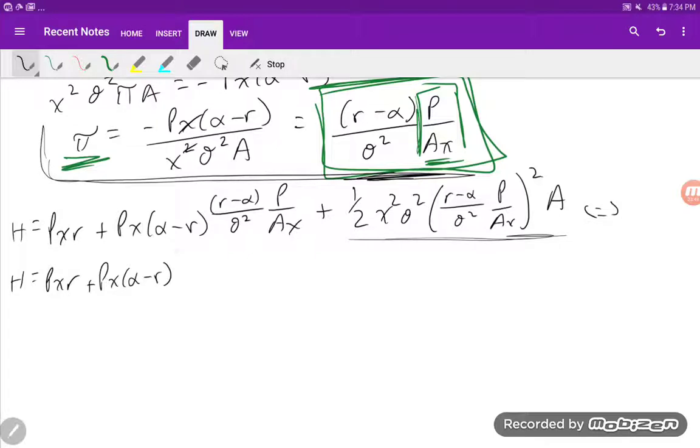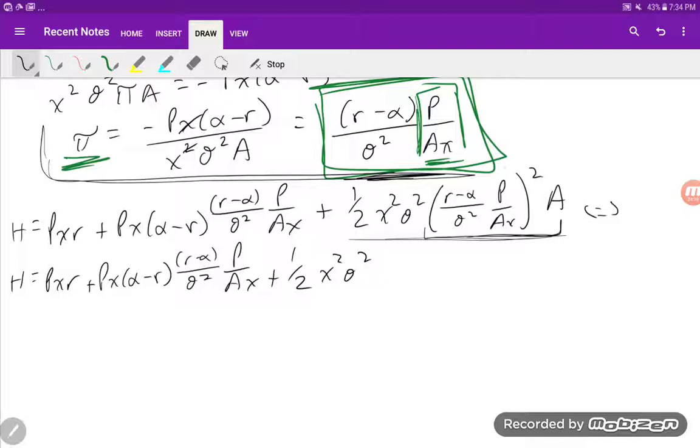Minus r minus a over sigma squared p over ax plus 1/2. So we'll have x squared sigma squared still. So let's work on this term. We'd obviously just have both of those terms squared.